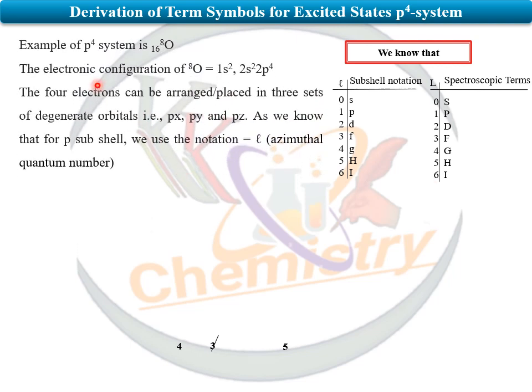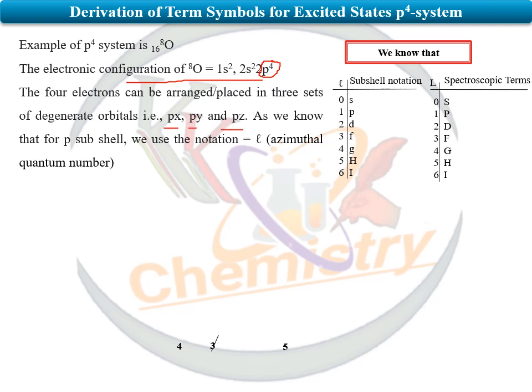Here the particular system is that of oxygen, p4 system. Okay, the electronic configuration of oxygen is 1s2 2s2 2p4. We will be talking about this p4 system. These 4 electrons can be arranged in 3 sets of degenerate orbitals, px, py, and pz.